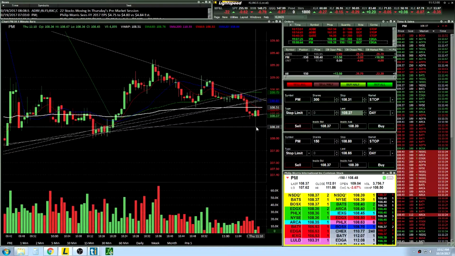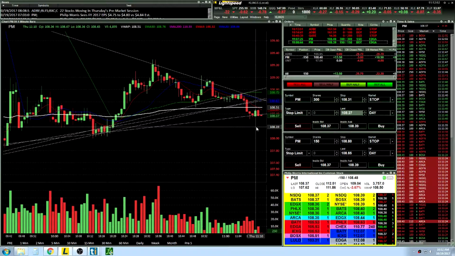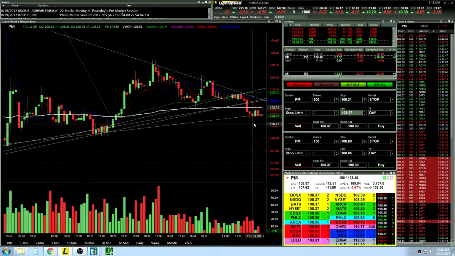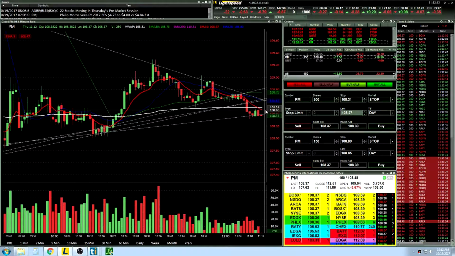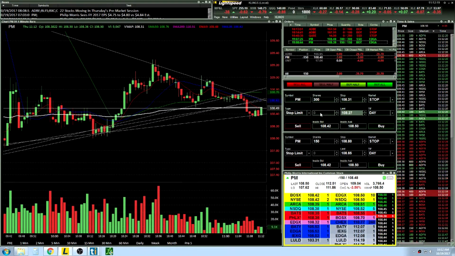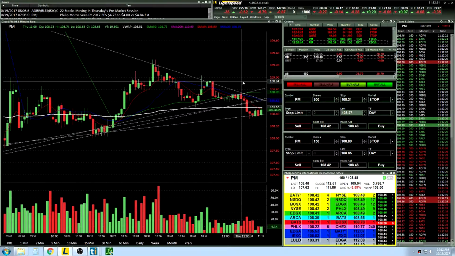Although it only has 20 cents to go until it hits my profit target, so if I wanted to make anything of that, I'd have to use pretty big size. At the same time, my risk would be a close above the 9, so that's about another 15 cents. So I could add 300 shares to risk another 50 bucks. Or that could happen.